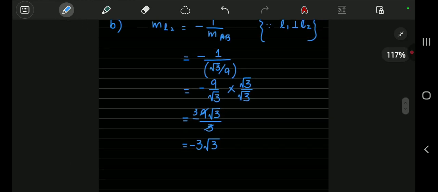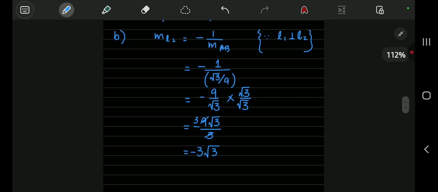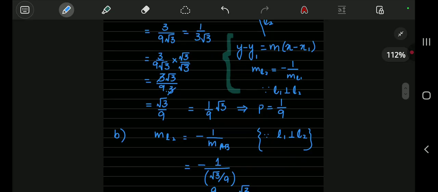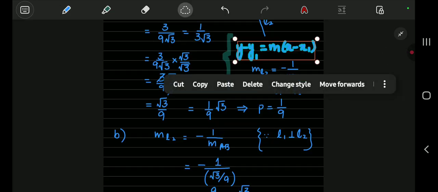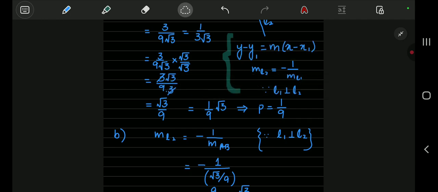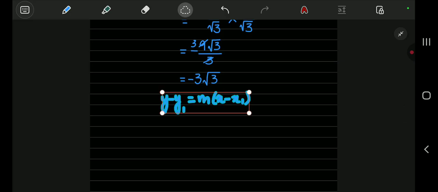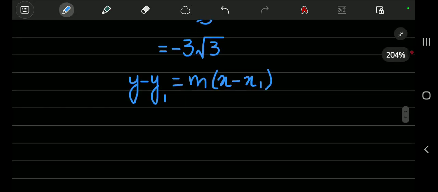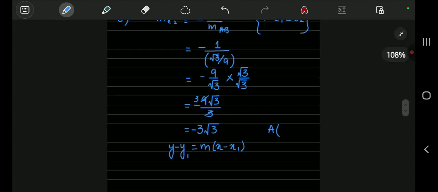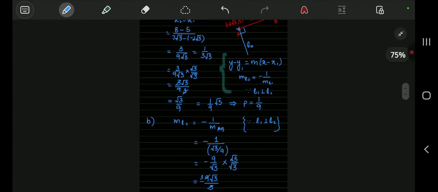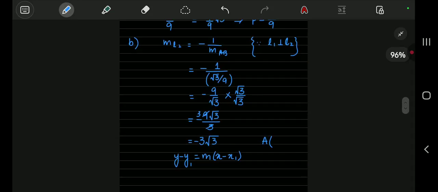This is your slope. Now you need to write the equation of the line, so we'll use the same point slope form. y minus y1 equals m times x minus x1, where x1 and y1 are the coordinates of any point on the line that we know about. So here we know the point A lies on the line, so A coordinates were minus 2 root 3 and 5.